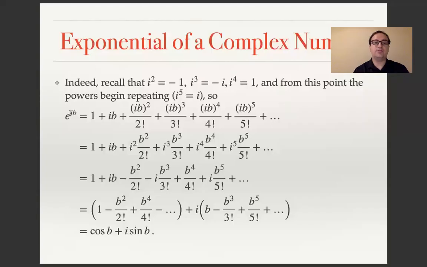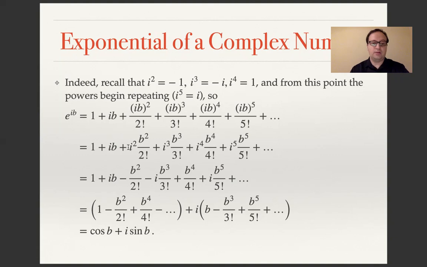So again, this is proved by comparing power series, or at least this is one way of proving it. We plug ib in the power series that defines e to the ib, and we get 1 plus ib plus ib squared over 2 factorial plus ib cubed over 3 factorial plus ib to the 4th over 4 factorial plus ib to the 5th over 5 factorial, etc. And in each of these terms, we factor separately the power of i.